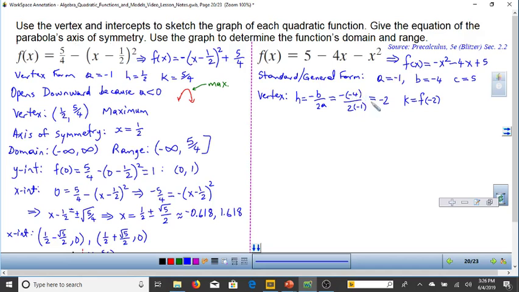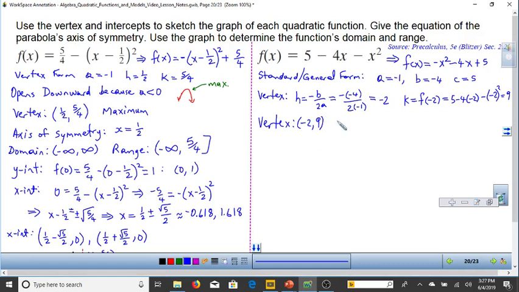So f of negative 2 is 5 minus 4 times negative 2 minus the square of negative 2. That is 5 plus 8 minus 4, which is equal to 9. So 5 plus 8 is 13, and then minus 4 is 9. So my vertex then has coordinates negative 2, comma 9.